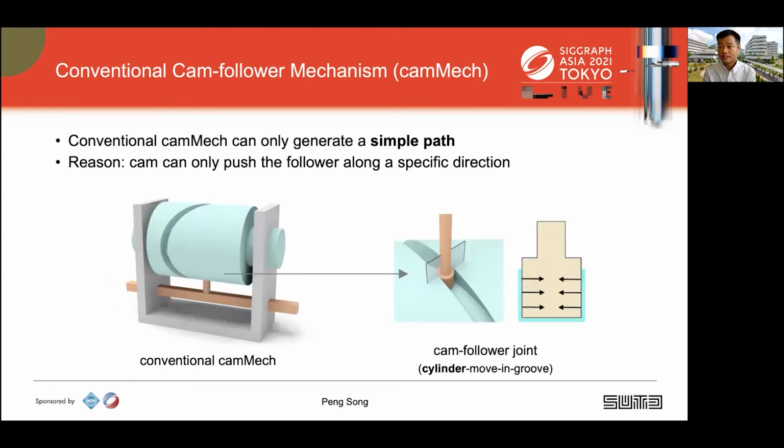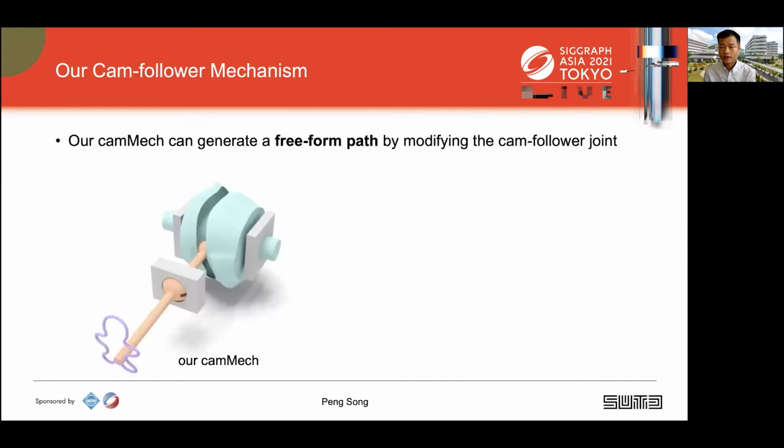The reason of this simple motion path is that the 3D cam can only push the follower along a specific direction, since the cam-follower joint is modeled as a cylinder move-in groove joint. Inspired by this observation, we modify the cam-follower joint such that our CamMech can generate a much more complex free-form curve.